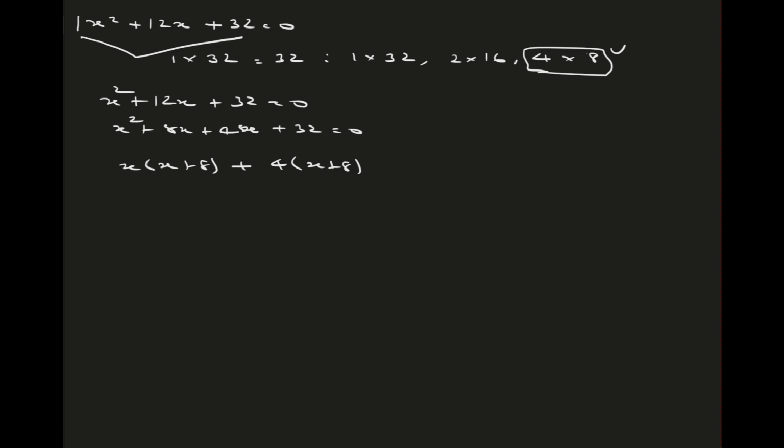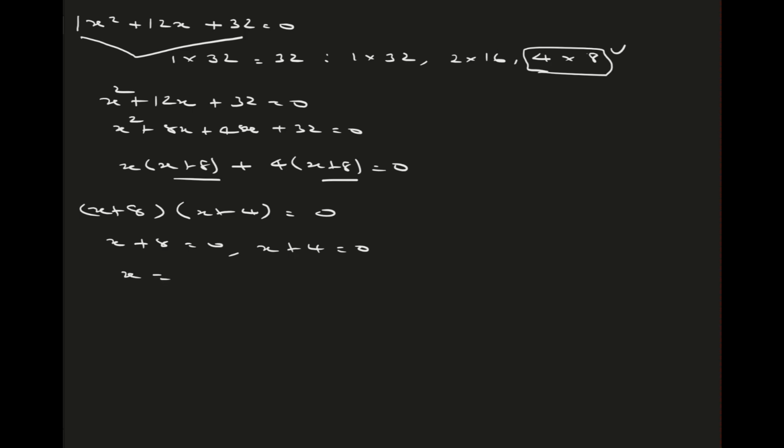We see that these are common, so we factor them out. Then we have x plus 4 equal to 0, and x plus 8 equal to 0. Then x is equal to minus 8, and x is equal to minus 4.